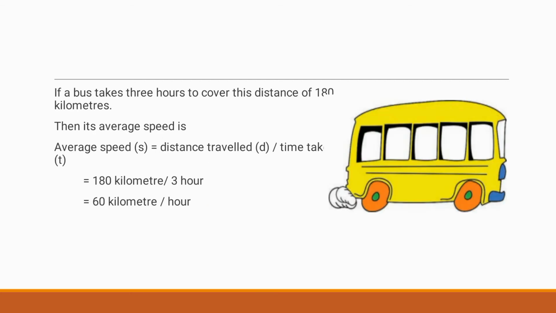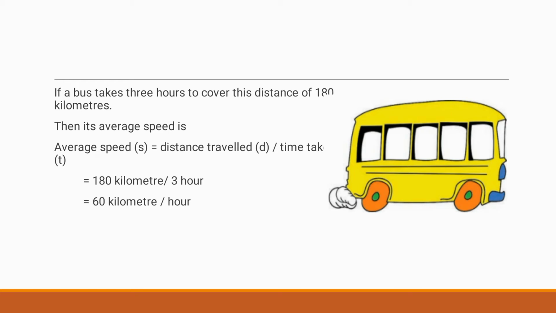Here is a problem that you have to find the speed of the bus, which takes 3 hours to cover 180 km. So they have given the distance, that is 180 km, and the time 3 hours. So we know the formula for average speed, which is distance travelled divided by time taken.